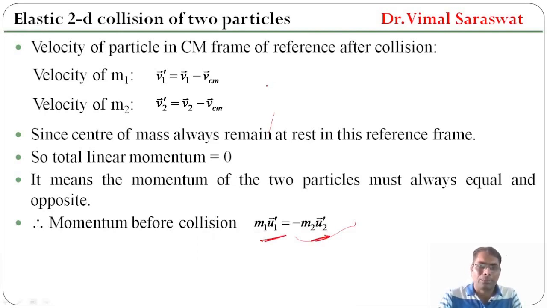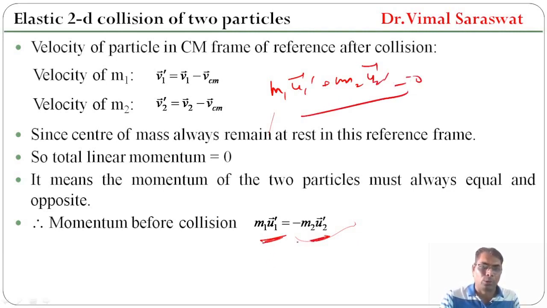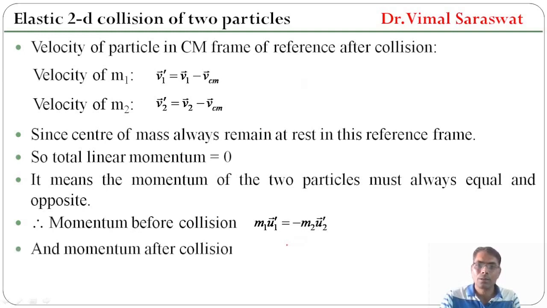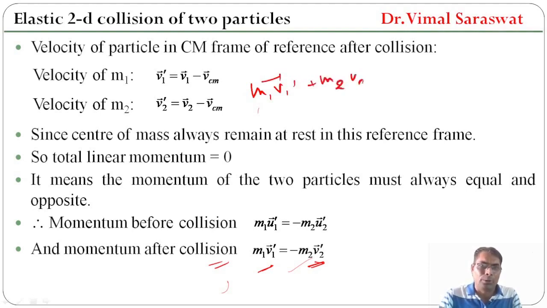So m1 u1 dash plus m2 u2 dash is 0, or m1 u1 dash equal to minus m2 u2 dash. In the same way, momentum after collision is m1 v1 dash equal to minus m2 v2 dash, because here also we have m1 v1 dash plus m2 v2 dash equal to 0. So we get this relation.